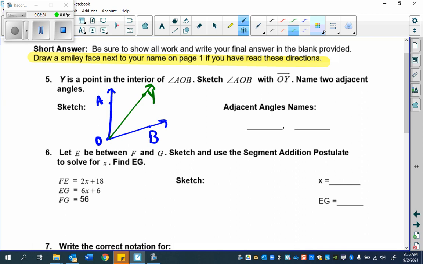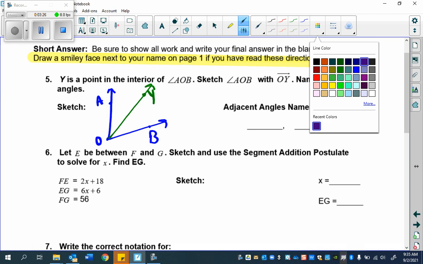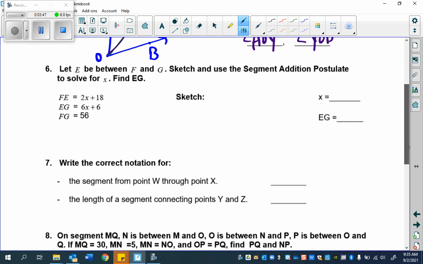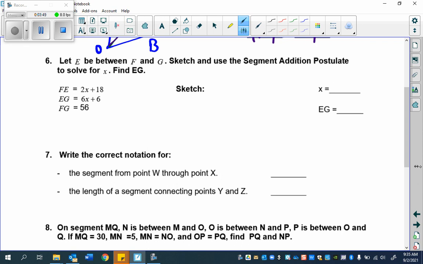When I name my adjacent angles, I'm going to make sure that I start off with the angle sign. Adjacent angles are the angles who share a common side. So that's going to be angle AOY and angle YOB.